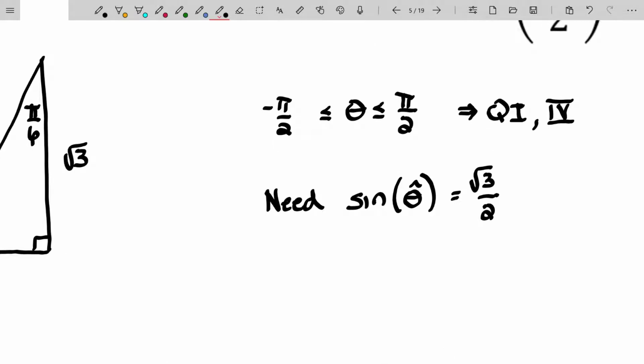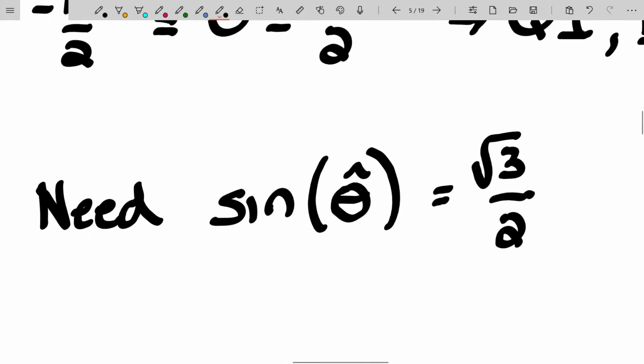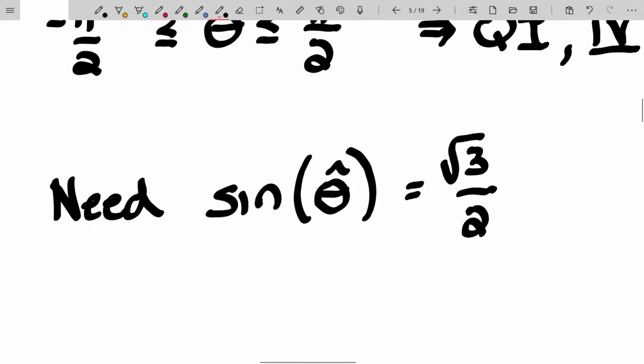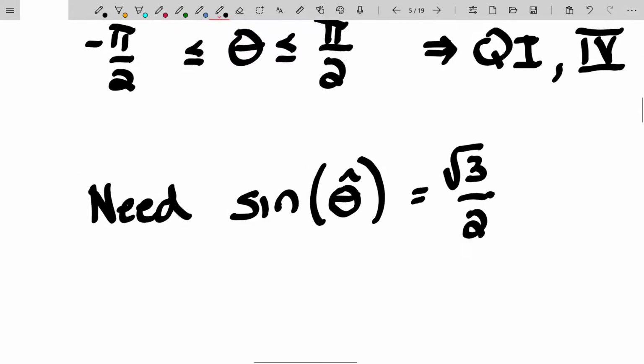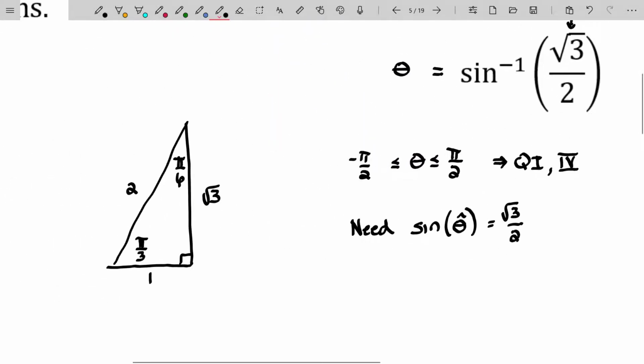Notice I put theta hat there. It means I need my reference angle. This whole step right here is about finding reference angles, not the exact angle, but the reference angle. So I suppose you'd call the previous step the quadrant step, and now we're at the reference angle step. Again, trig is pretty much about quadrants and reference angles.